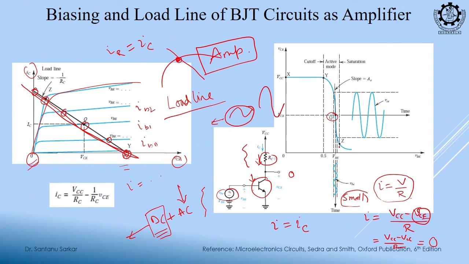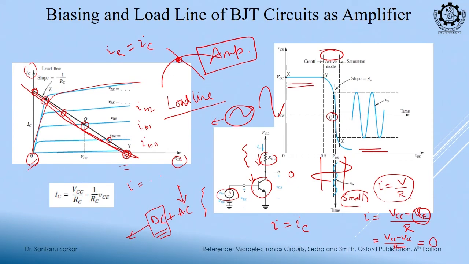You see this active region is so narrow. So, if you get out of this active region, what will happen? It will be clipped at the output. Why clipped? Because this is not linear, this is saturation. So, if this is small and it stays within active mode, the output will be amplified.